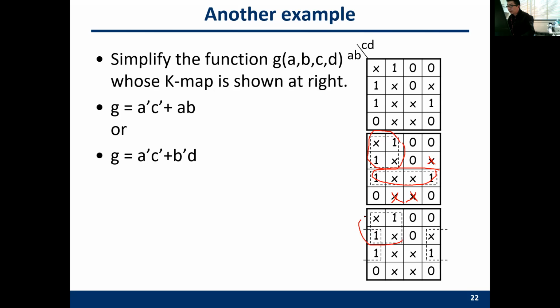If I draw something like this, and something like this, it is also correct. These two solutions are both correct because both of them have two large groups and each group covers 4 boxes here. So for the K-map, multiple answers can be correct, and equally correct, of course.